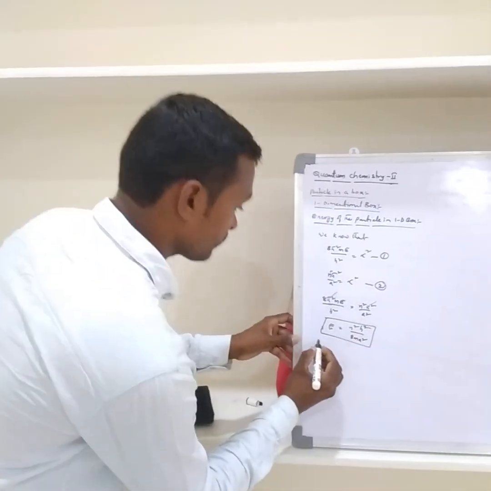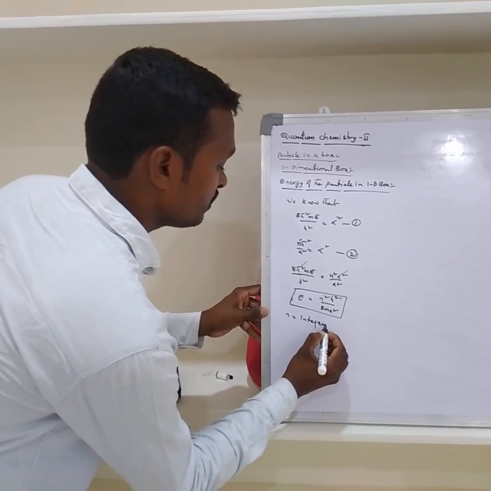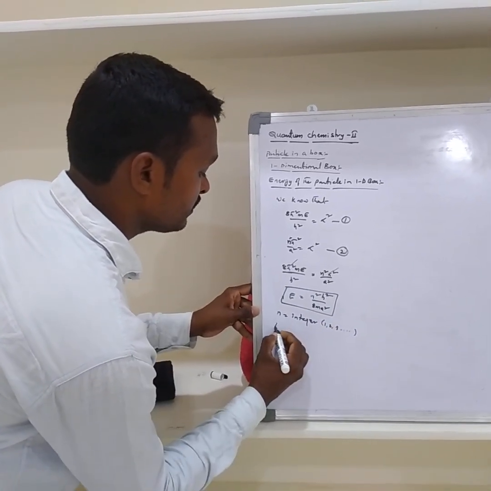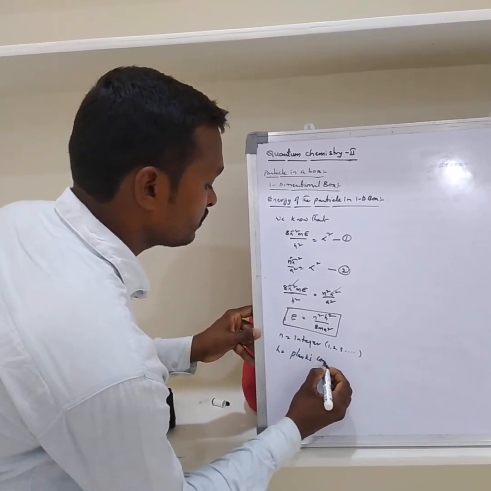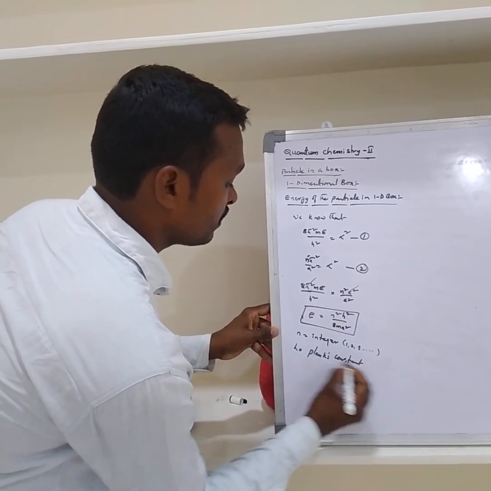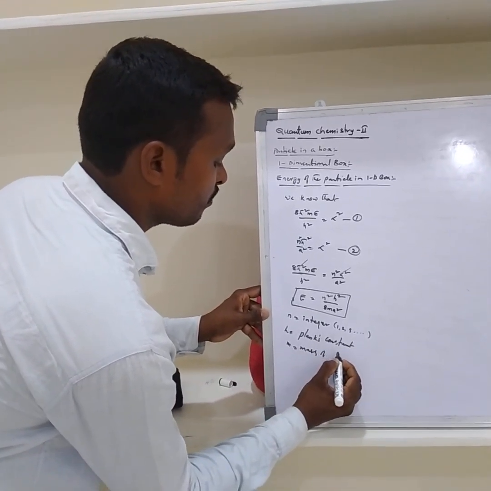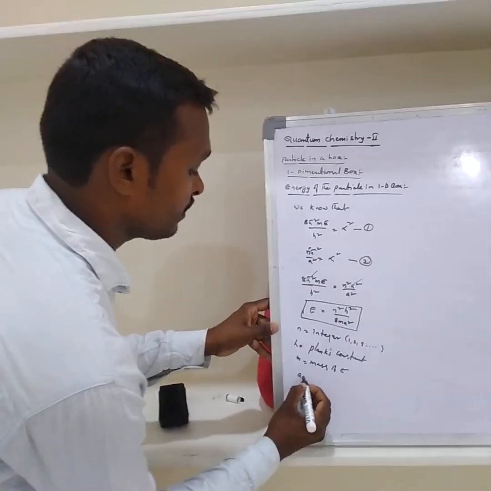Here n is an integer, from 1 to 3 and so on, h is Planck's constant, and m is the mass of the particle. Here the particle we take is an electron, so therefore the mass of the electron.